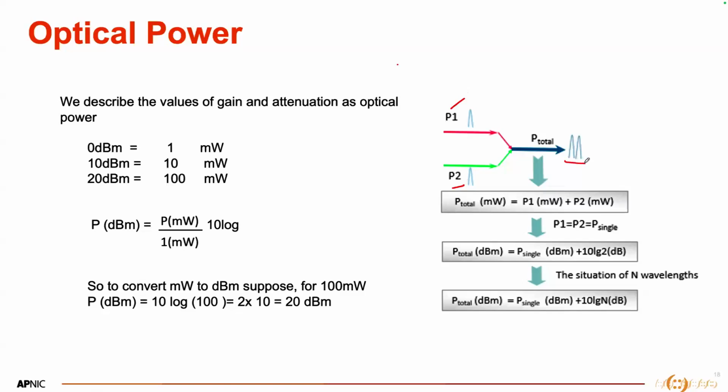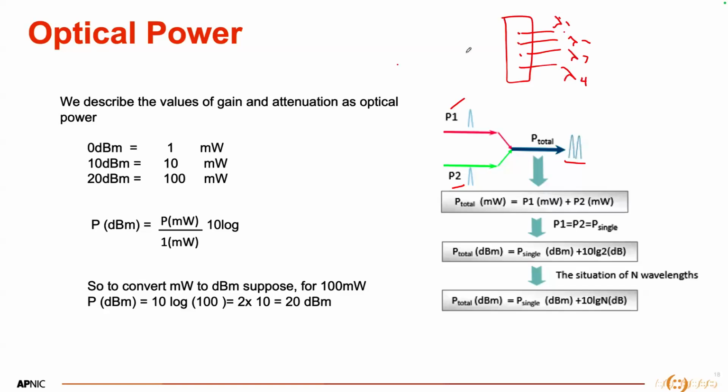So what happens when we have a card which has the lambda port, they transmit different lambdas, right? It could be lambda 1, lambda 2, lambda 3, lambda 4.